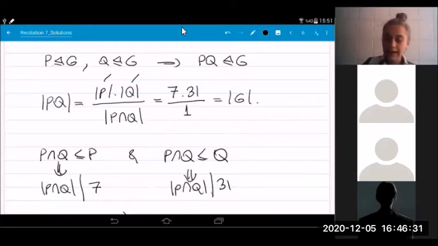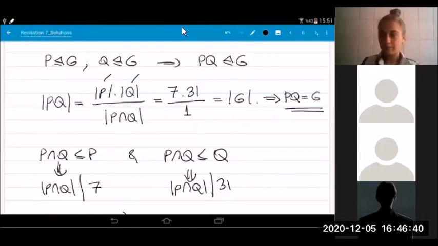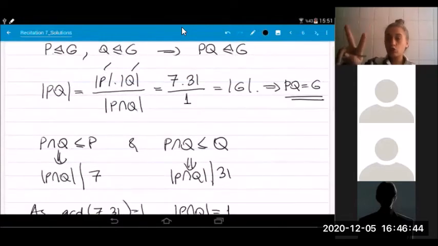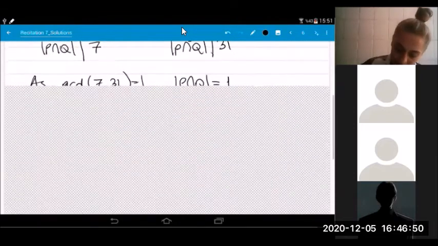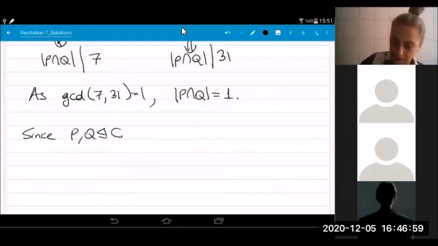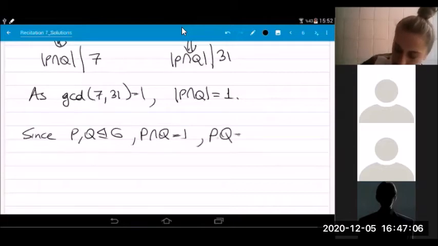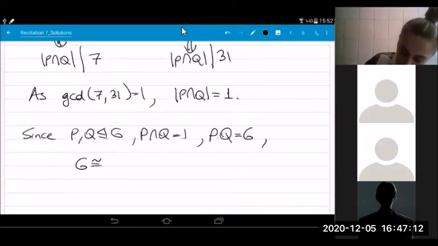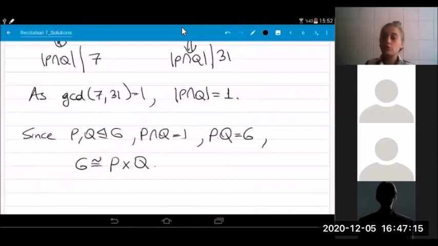We have a subgroup of G which has the same order as G. This means that PQ has to be equal to G. We have two normal subgroups which intersect trivially, and the product is equal to G. This means that G is isomorphic to P times Q.